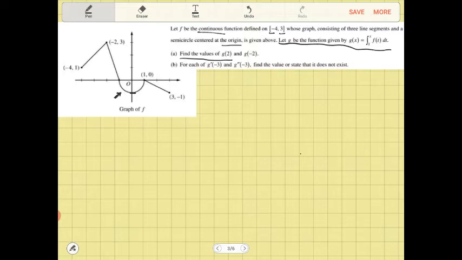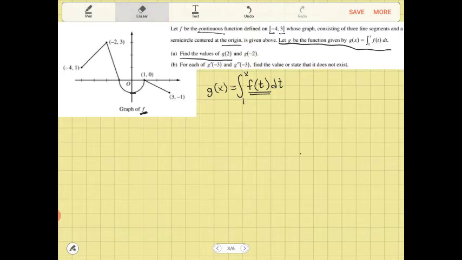If you look at that semicircle, its radius is 1, which is good to note. And here is our accumulation function, which is given by the integral from 1 to x of f of t dt, where f of t is your function that is graphed here on the left.